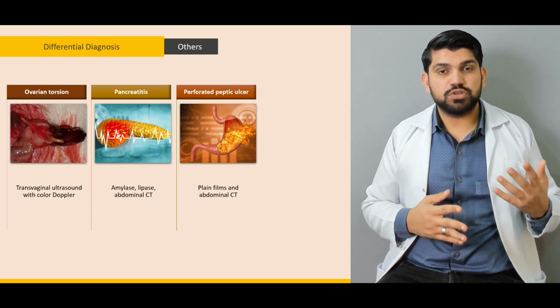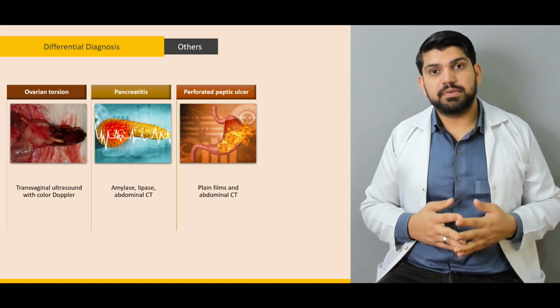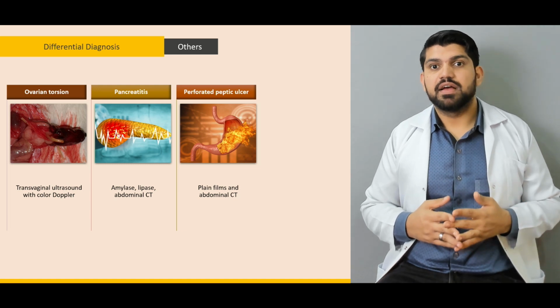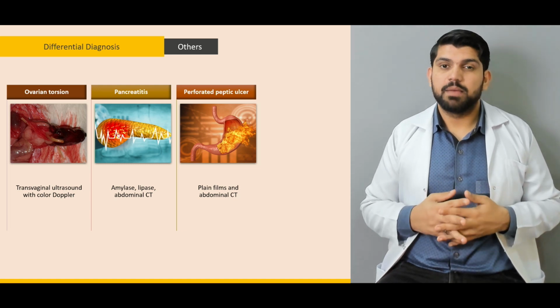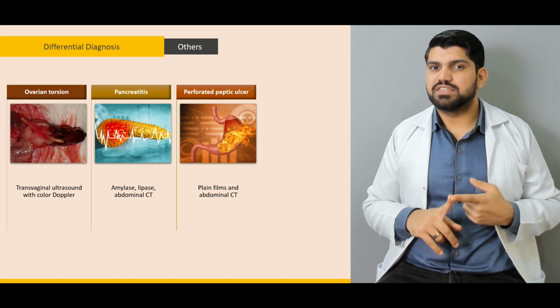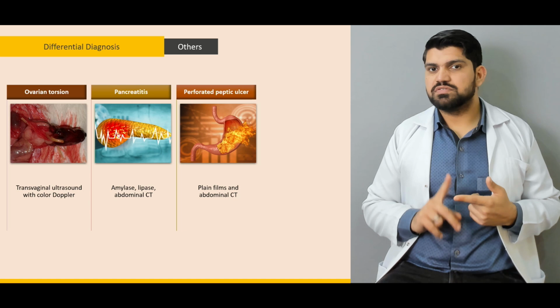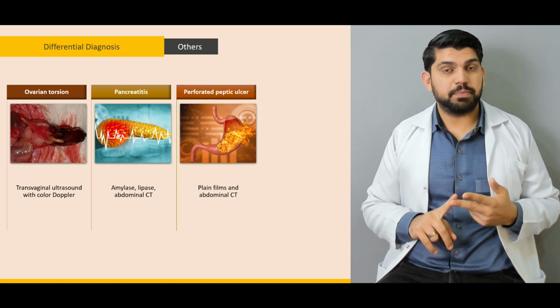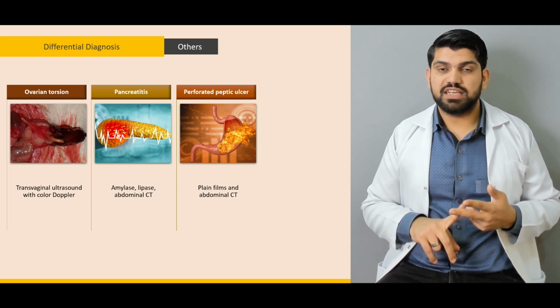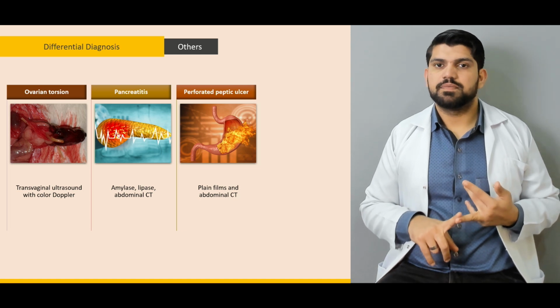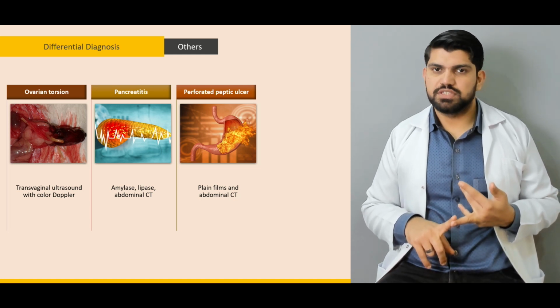So what to do? Plain films and abdominal CT can help you diagnose it. But what to do first? You got the diagnosis. Treat hypotension, treat sepsis, treat the patient's shock, give analgesia, and straight to OR. This patient needs emergency surgery.